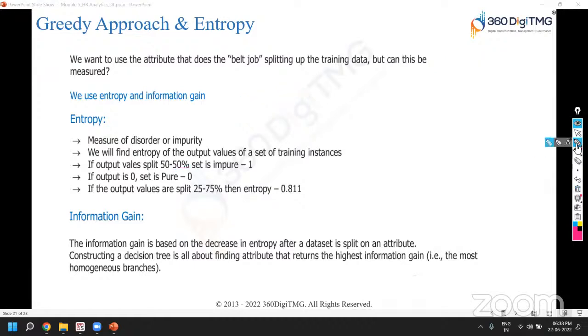Now what we do here is we use a calculation called entropy. There's a formula for it. I'll show you that in the next slide. We have to calculate entropy on the entire data set, which we call E of D. If I have 100 records or 100 employees' data, on this entire database we have to capture the entropy.